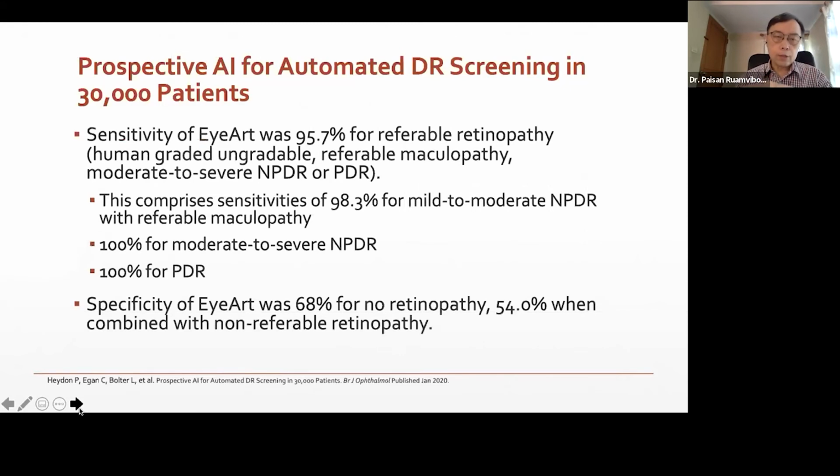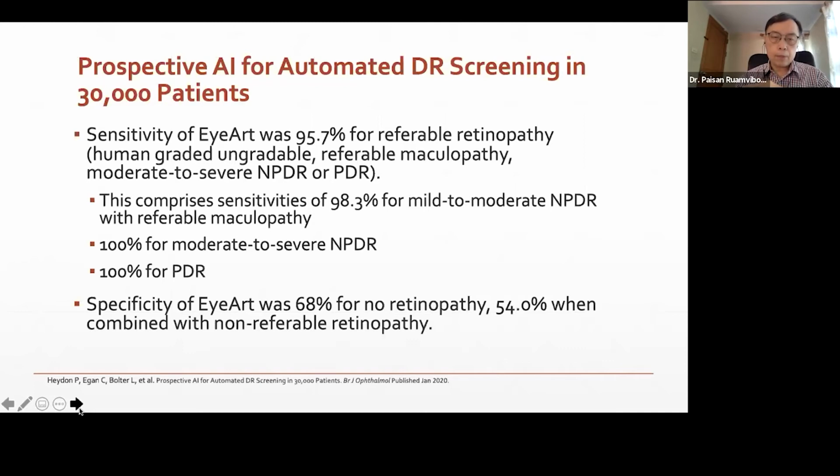Sensitivity from the real-world screening using AI was found to be 95.7% for referable retinopathy, which means ungradable images and referable maculopathy and moderate to severe NPDR or PDR.